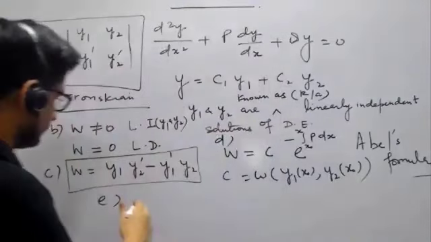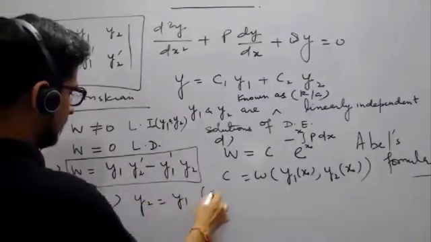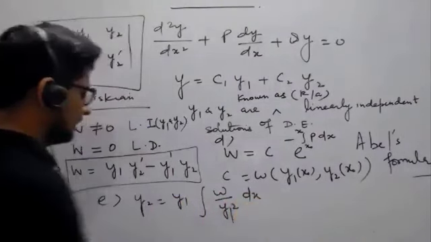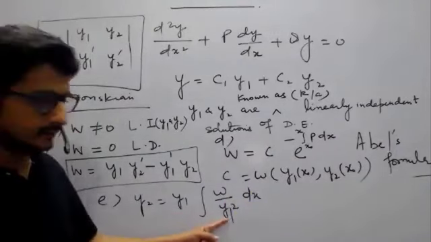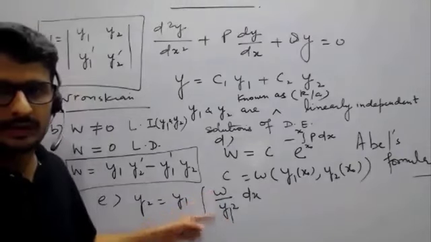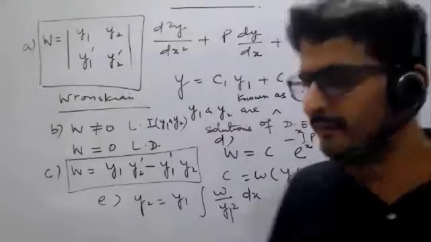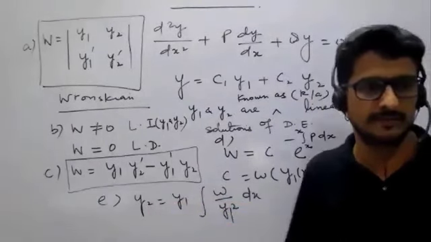How? y2 is given by y1 integral W by y1 square dx. So please see this formula. If y1 is known and W is known, then we can calculate the other solution, that is y2.